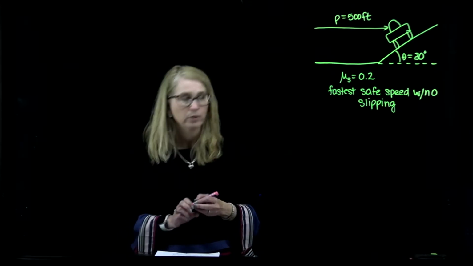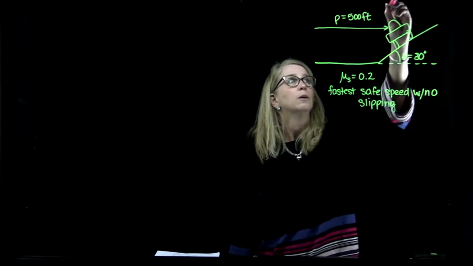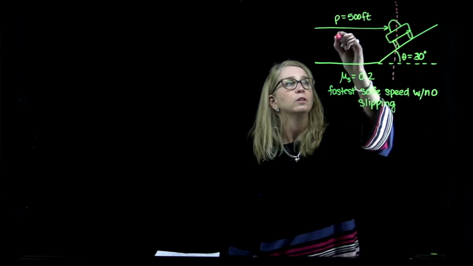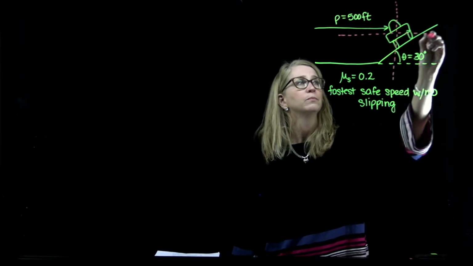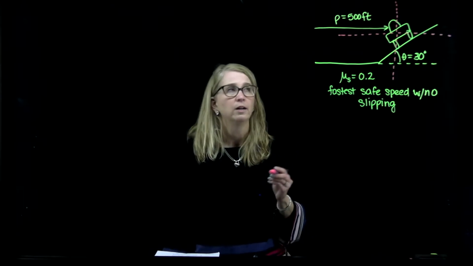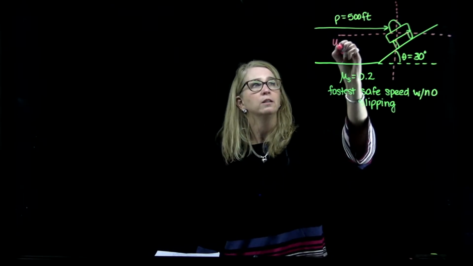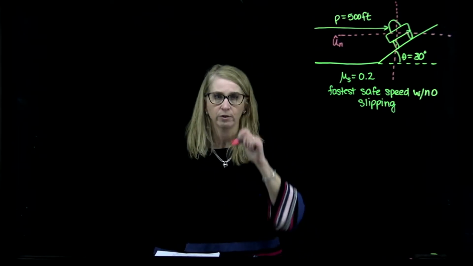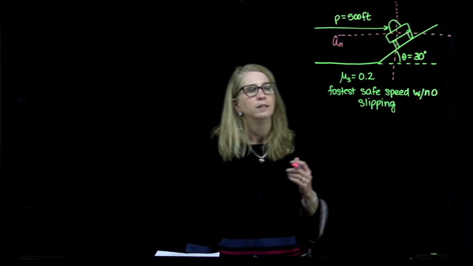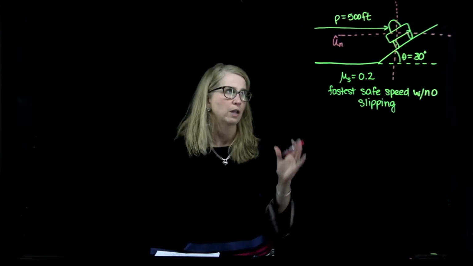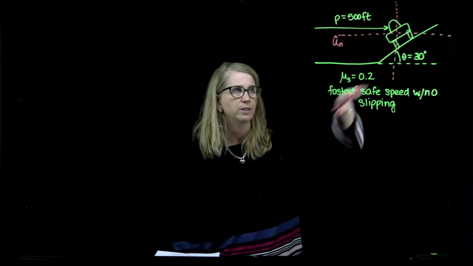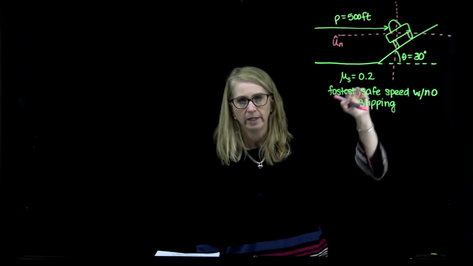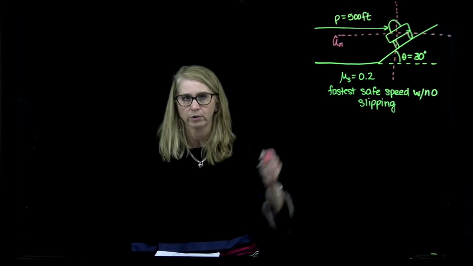So what I'm going to do is first of all just draw the axes that we're going to use in this problem. Now, this is in the normal direction, so I'm going to just write that this is the unit vector in the normal direction. Now, the way that I drew this, I don't know if it's obvious, but to see the banked curve and the car on the banked curve like this, the car is either coming at us out of the screen or going into the screen.